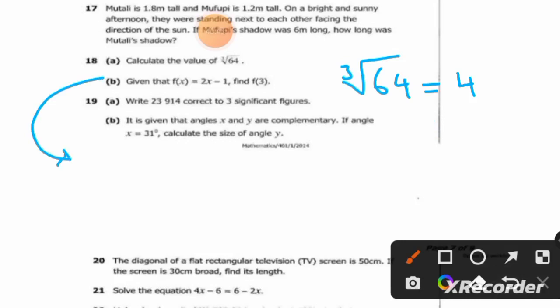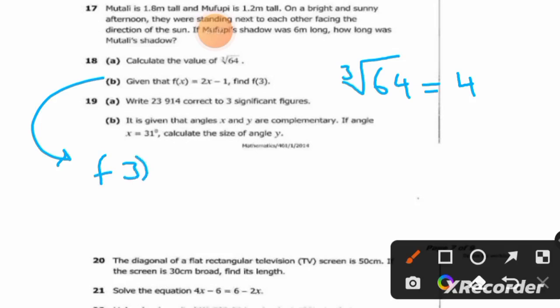Question 18B. Given that f of x is equal to 2x minus 1, find f of 3. So wherever we find x, we'll be writing 3.